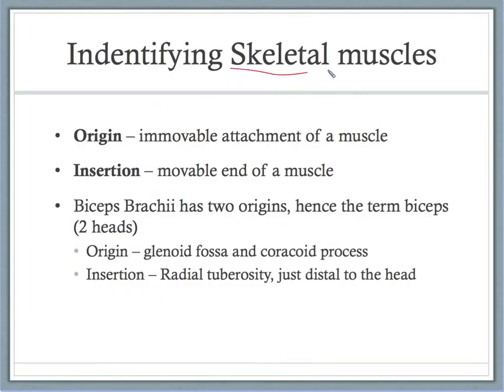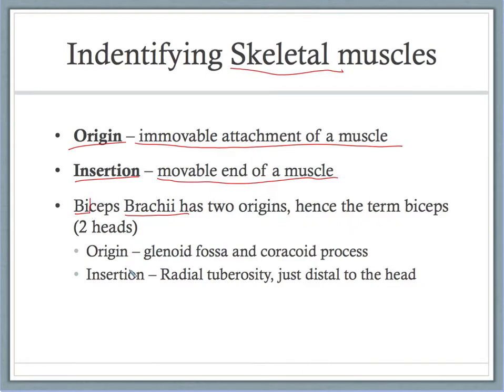When we're talking skeletal muscles, in this unit we're going to talk about what's called the origin point and the insertion point. Your origin is something that you cannot move. So the immovable attachment of a muscle tends to be the more proximal of the two locations. Your insertion point is the movable end of a muscle or the more distal portion. For example, your biceps brachii, bi refers to two, has two origins.